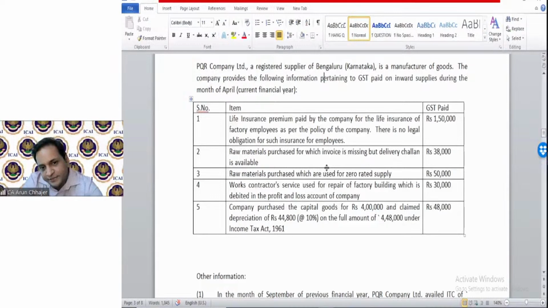The life insurance paid by the company for the factory employees, as per the policy of the company, there is no legal obligation. So can we take the ITC? Quickly tell me, can we take the ITC?